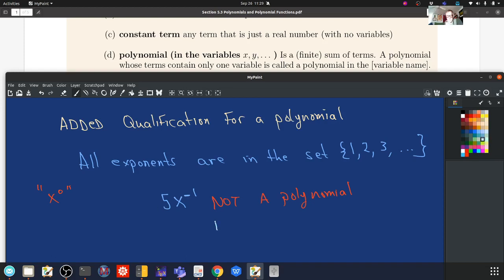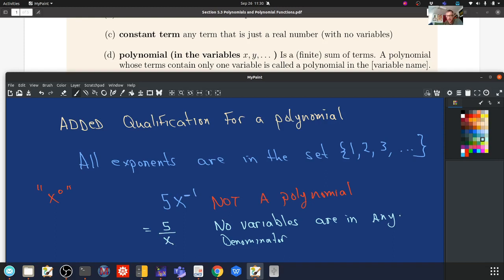So in other words, no variables are in any denominator. So let's think. 5x to the 1 is the same as 5. 5x to the minus 1 is the same as 5 times 1 over x, which is 5x.